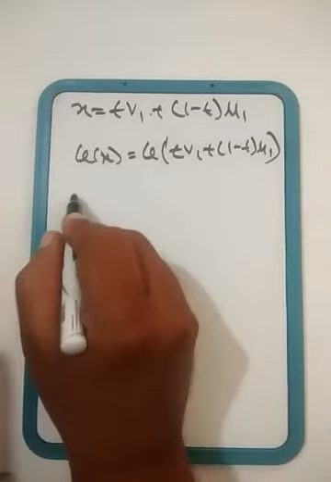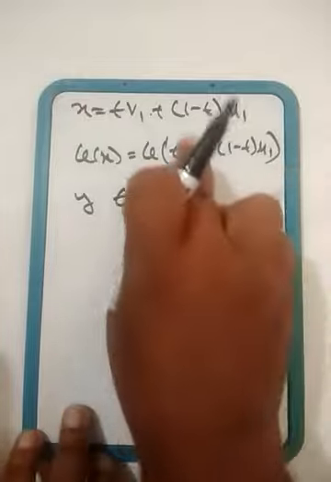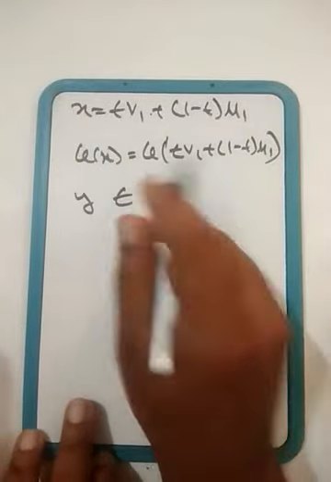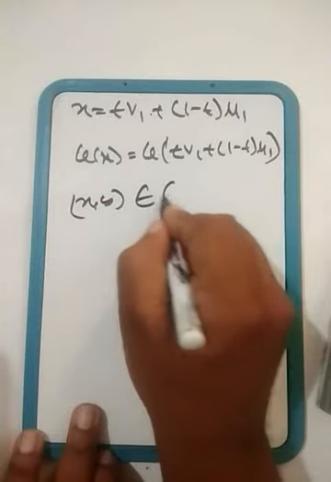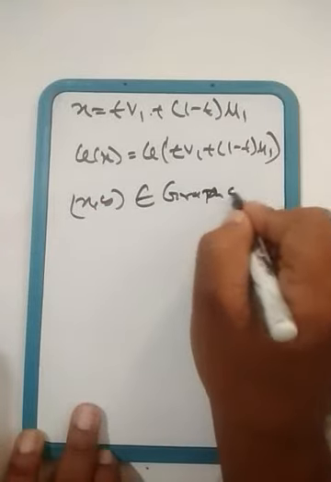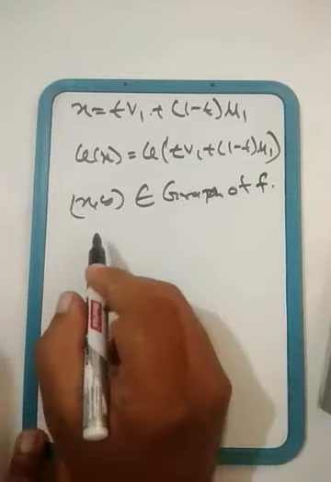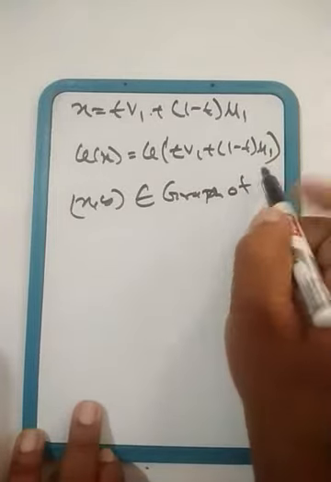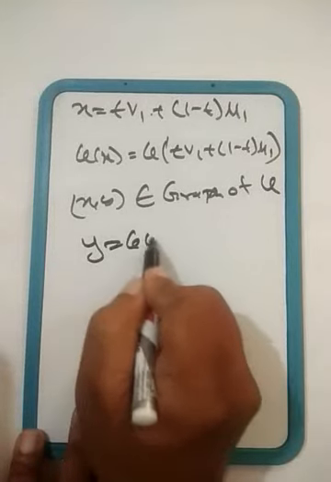And suppose y belongs to the graph, let's write it in a more proper sense, x comma y belongs to the graph of a function, maybe say f, rather phi. Then y is equal to phi of x.